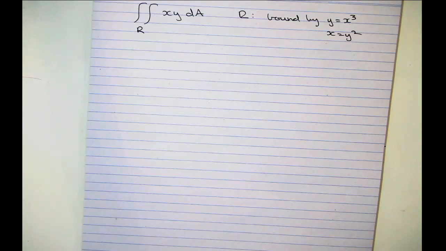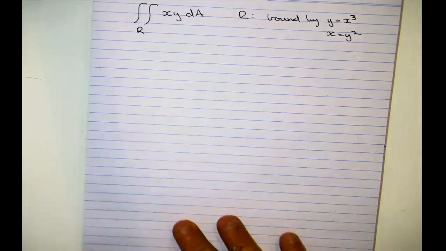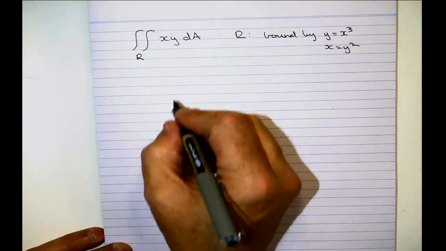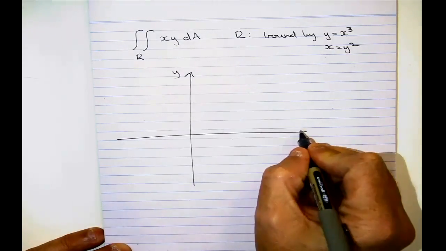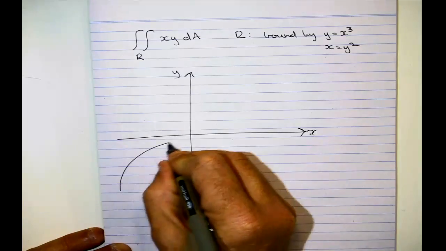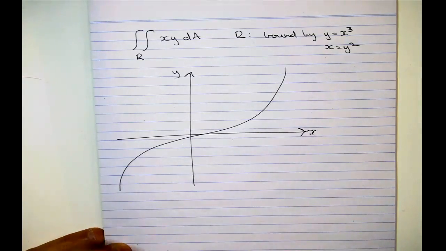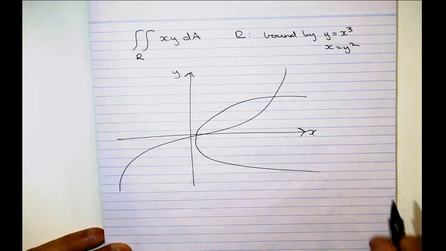The first thing to do is draw the region. It doesn't have to be a work of art, especially when I'm drawing it. Y equals x cubed looks something like that. X equals y squared looks something like that.